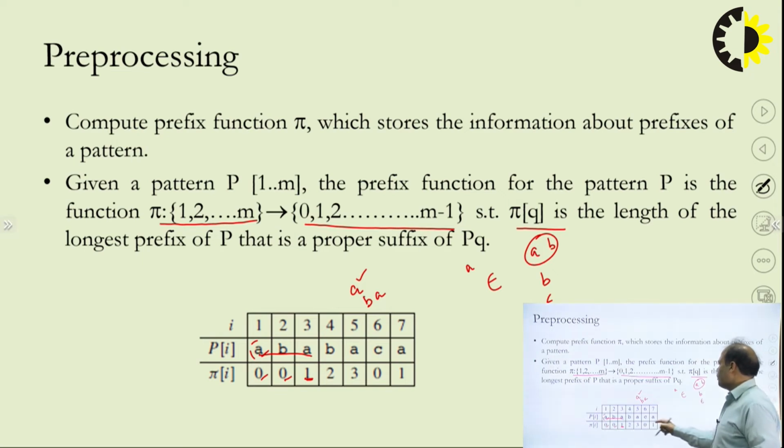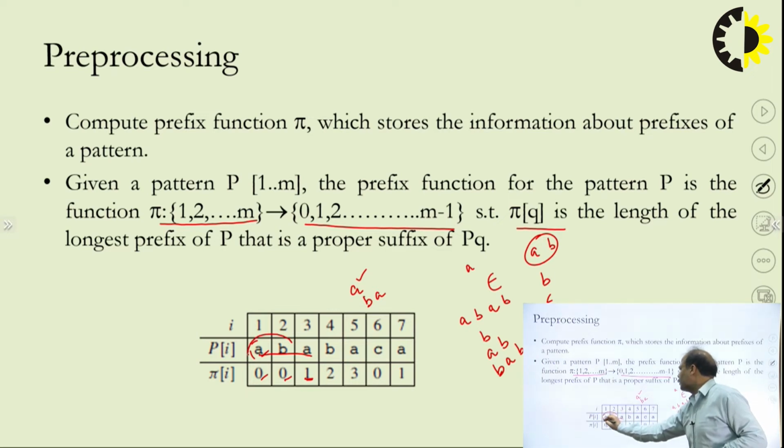What are the proper suffixes? We don't care about the full suffix. So its proper suffixes are B, then AB, then BAB, right? So which one is the prefix actually? B is not a prefix, but AB is the longest prefix. Its length is 2.